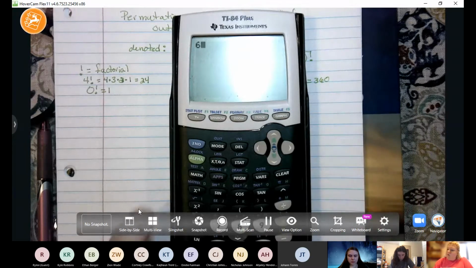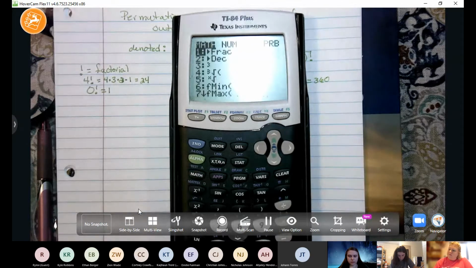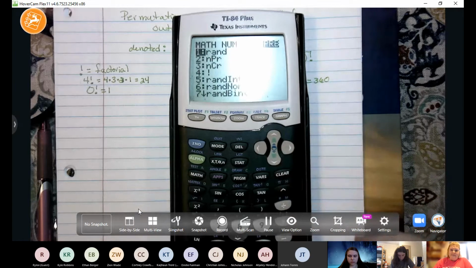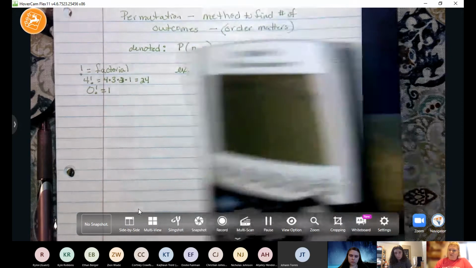On the TI-84, you're going to press the math key. You're going to then press the arrow keys to go all the way over to probability. And then you're going to select the second choice. And then you type in the 4 and press enter, and it gives you the result.